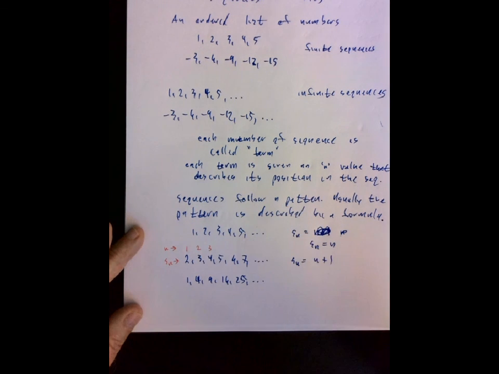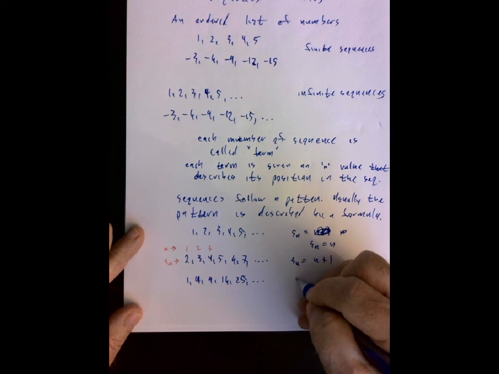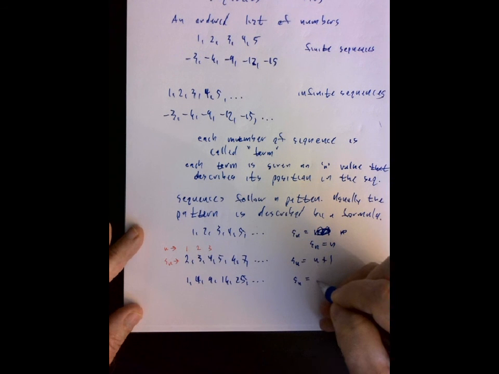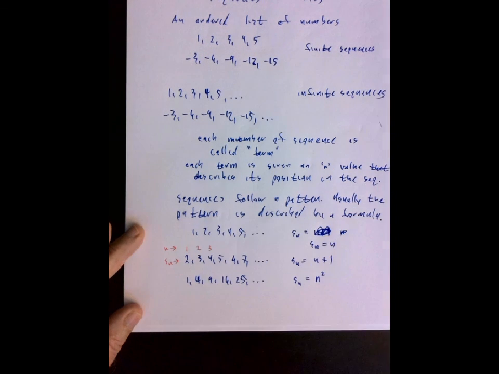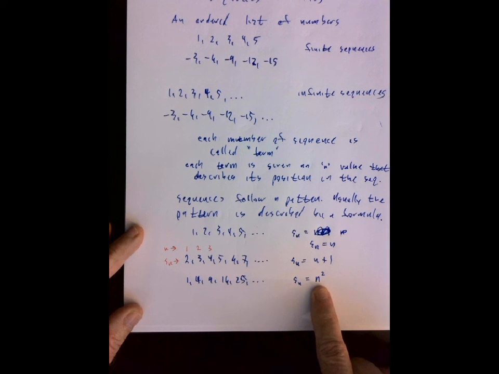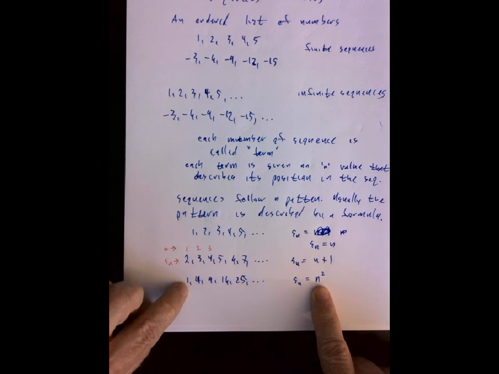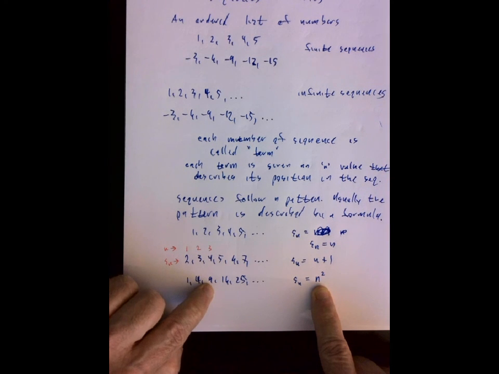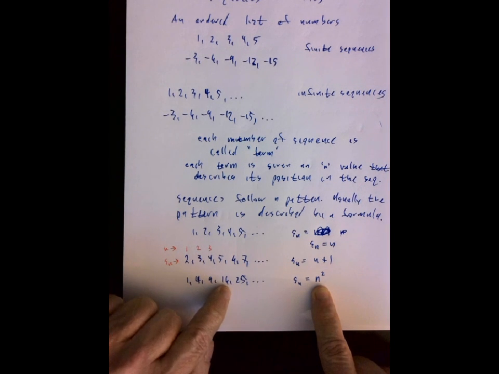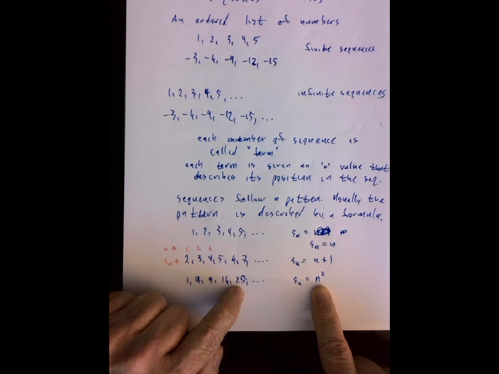So for that one we would have a formula that looks like this. S of n is equal to n squared, right? The first term is 1 squared, the second term is 2 squared, the third term is 3 squared, the fourth term is 4 squared, the fifth term is 5 squared.